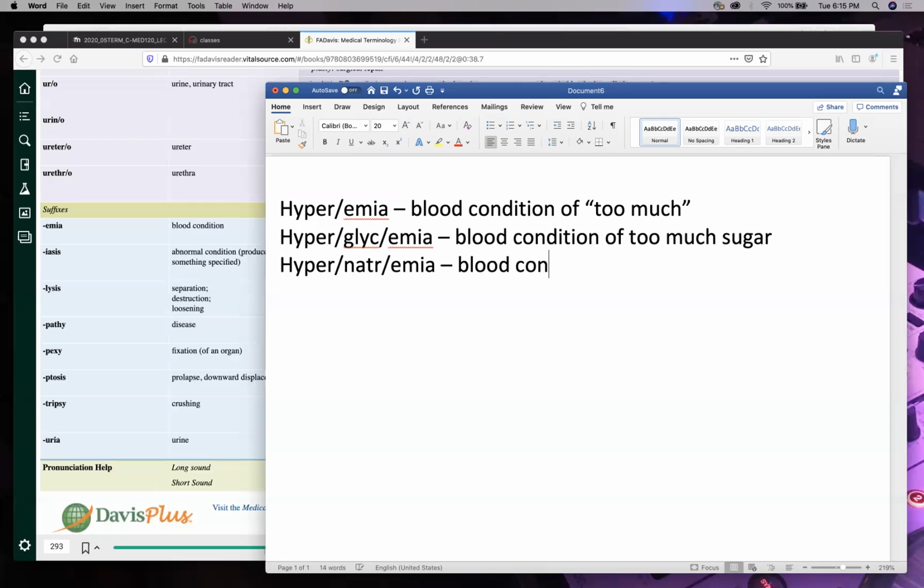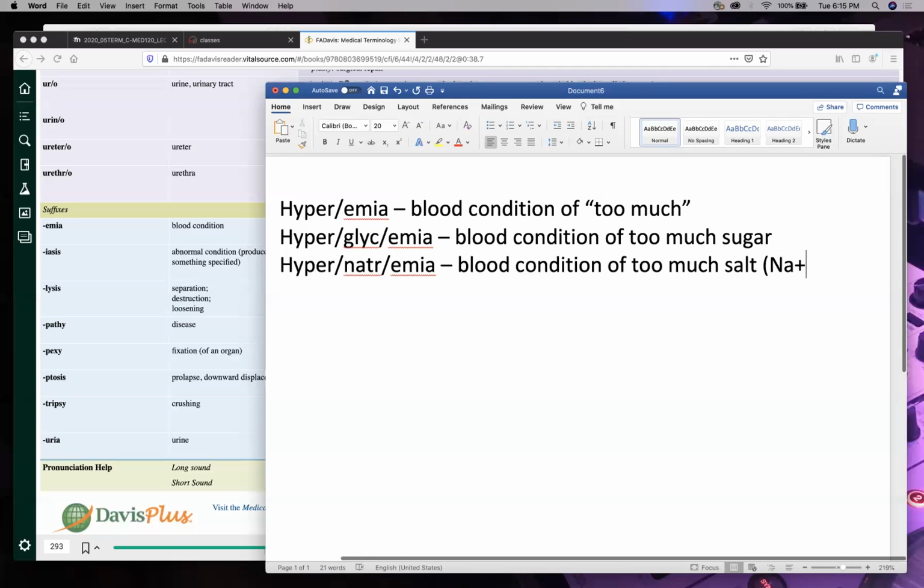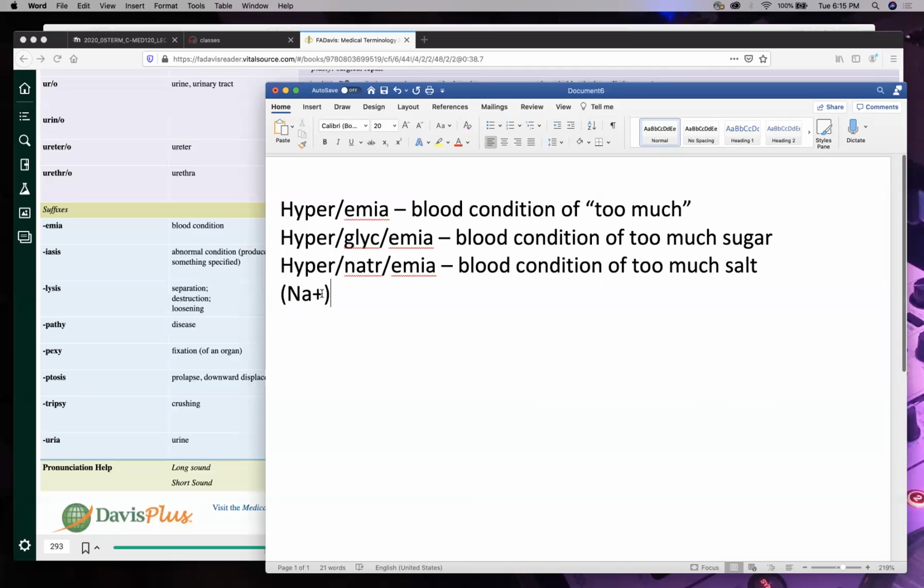Blood condition of too much salt. And you remember salt, if you remember your high school chemistry, salt is Na plus or sodium.